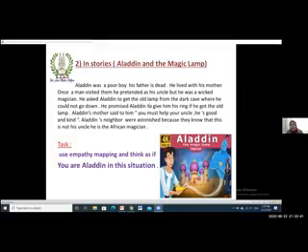Aladdin was a poor boy, his father's dead. He lived with his mother. Once a man visited them, he presented himself as his uncle, but he was a wicked magician. He asked Aladdin to get the old lamp from the dark cave where he couldn't go down. He promised Aladdin to give him his ring if he got the old lamp.